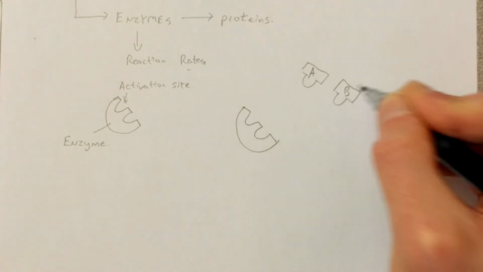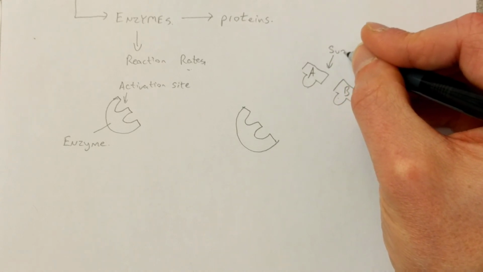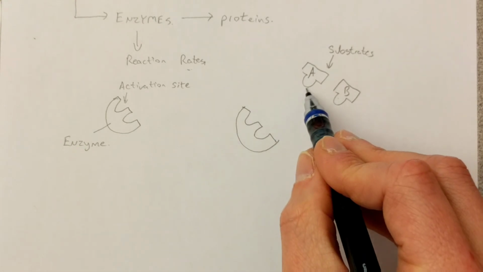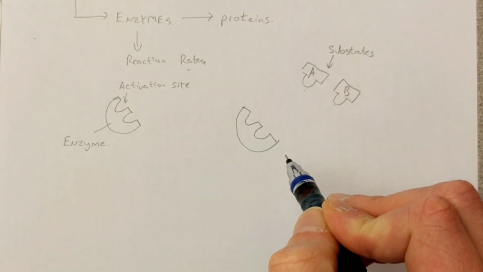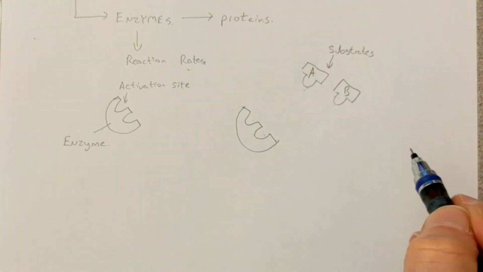Substance A, substance B. These are called substrates. So you'll notice that the substrates fit into the enzymes very specifically. Sometimes people call it like a lock and key. So these are our keys, this is our lock.